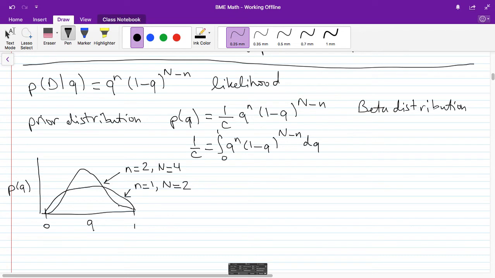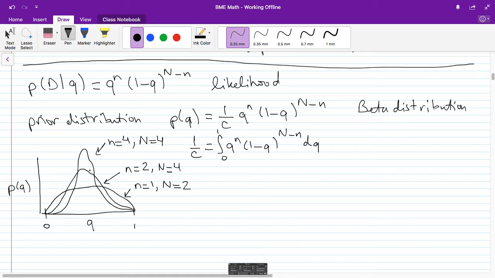So I'm just drawing the shape of this prior. If, on the other hand, I have this other representation where I've tossed the coin, say 8 times, and 4 of them I've gotten a head, then I have this probability distribution. So you can see that it becomes more peaked the more you've experienced things, and the more data you've gotten.